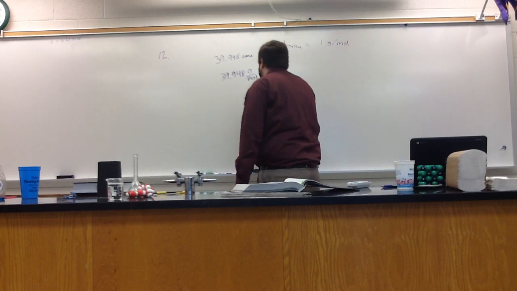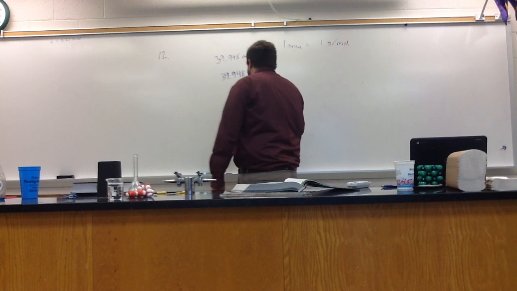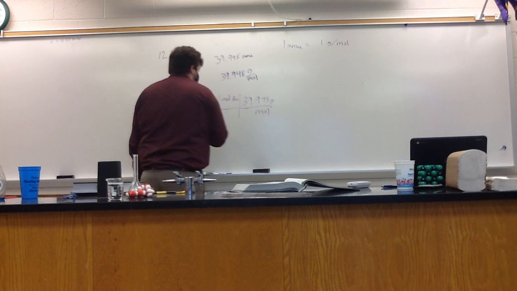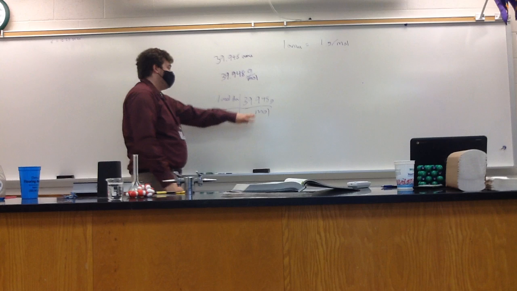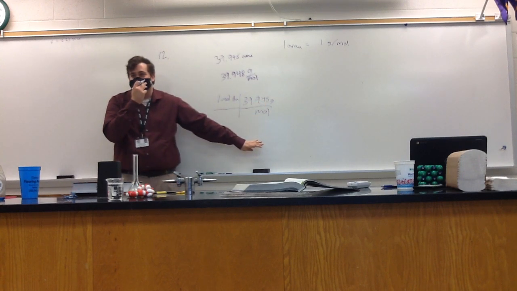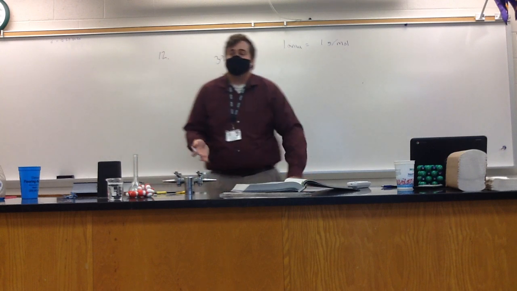So if we're going to do the actual conversions for it, let's set up a little table here. We have 1 mole of argon, right? And we're trying to get the grams, right? So if we put this conversion rate on top, we have this ratio of grams per mole, right? So it's just like the dimensional analysis problem.